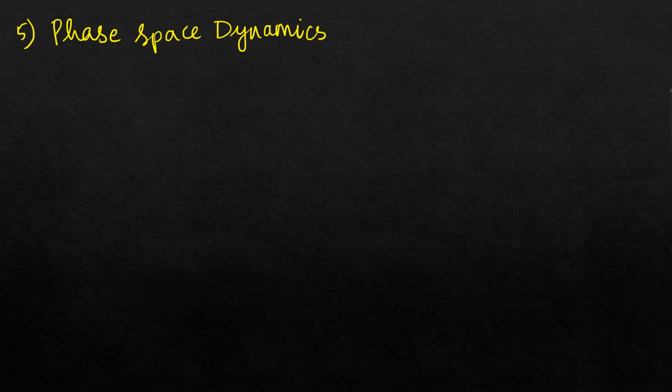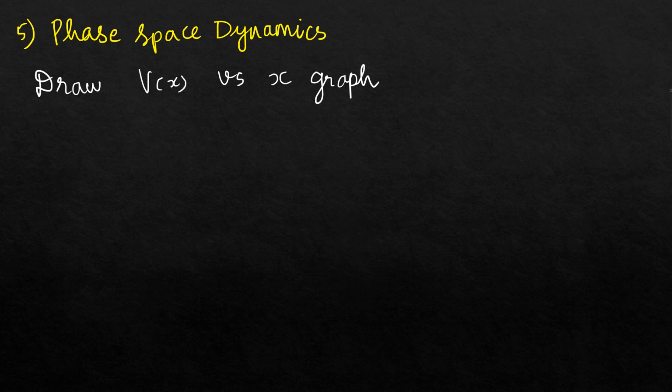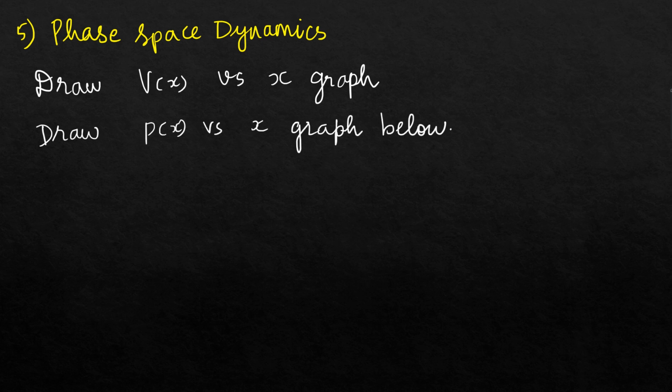So let us see phase space dynamics. We have to learn how to draw the phase space diagram. First we draw the V(x) versus x graph using the equilibrium points and drawing a curve. Then we draw the p(x) versus x graph below.